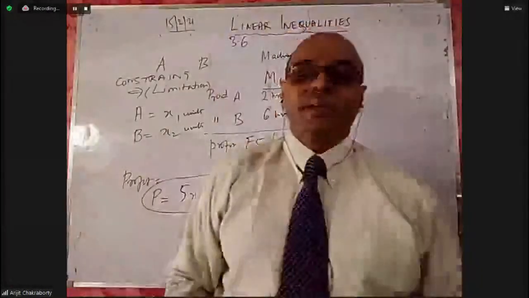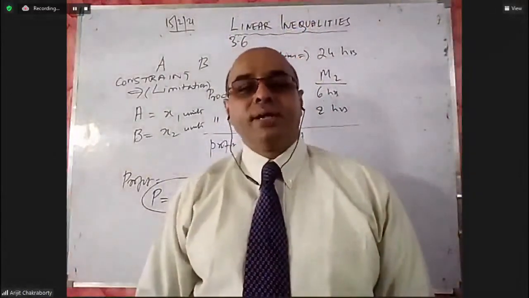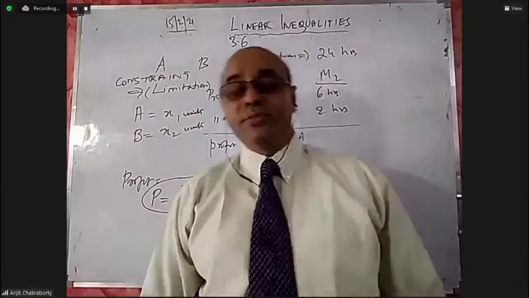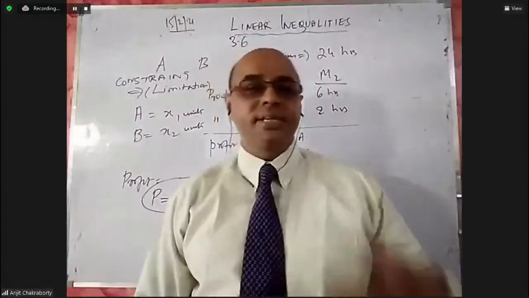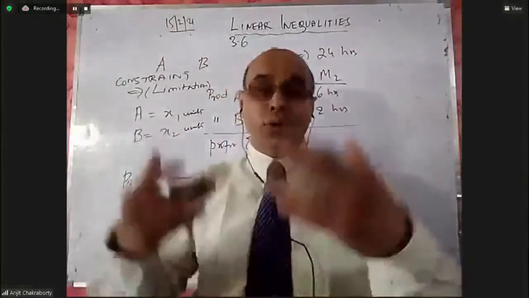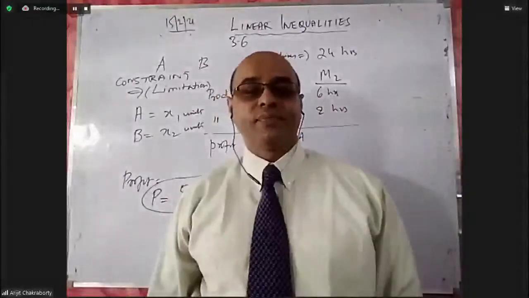The limitation here is that the machines cannot run for more than 24 hours. Even if you want to produce more, machine capacity is 24 hours. Number of hours in a day is 24. That is a constraint for all of us. We have to do time management within this 24 hours. Right?